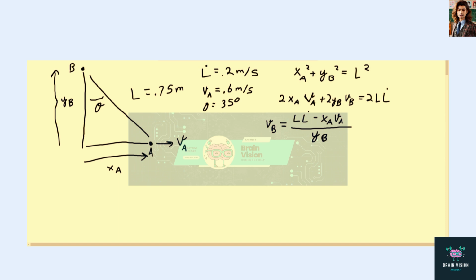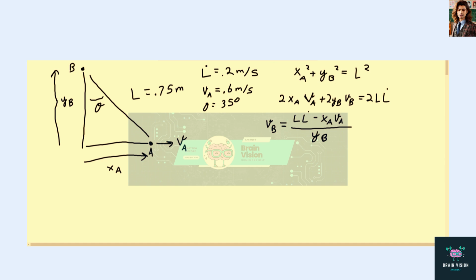So if we can find all of this, we can find our velocity B. So we need to find a couple things, that position xa and the position yb. So we'll start with finding xa.